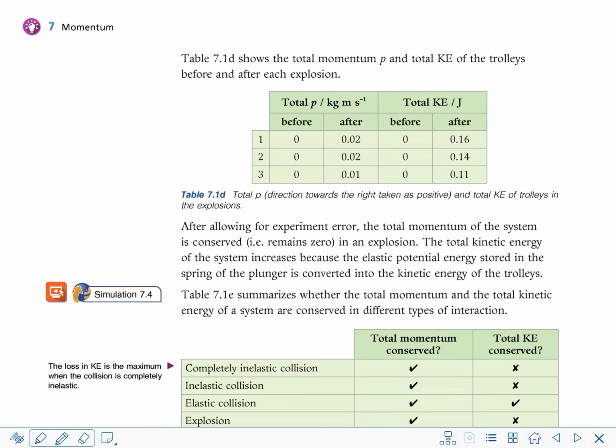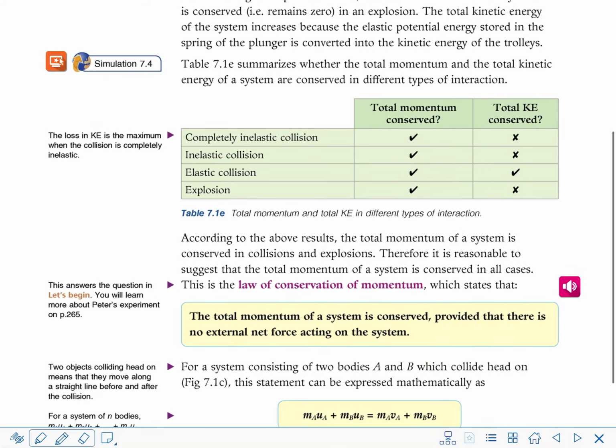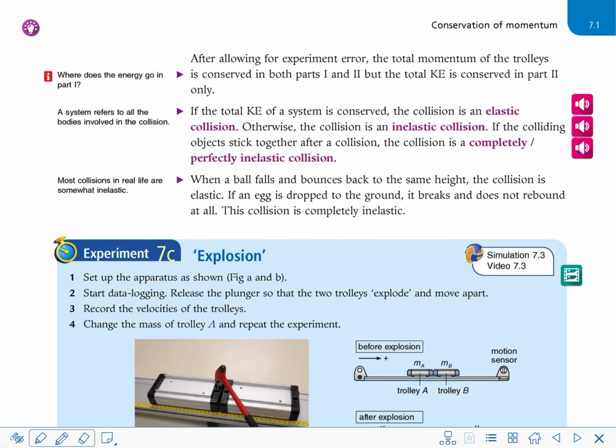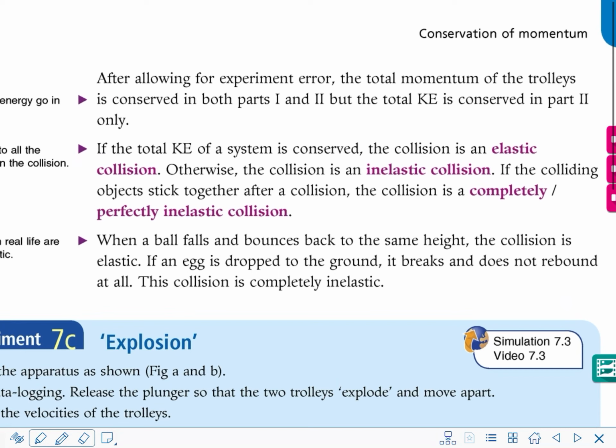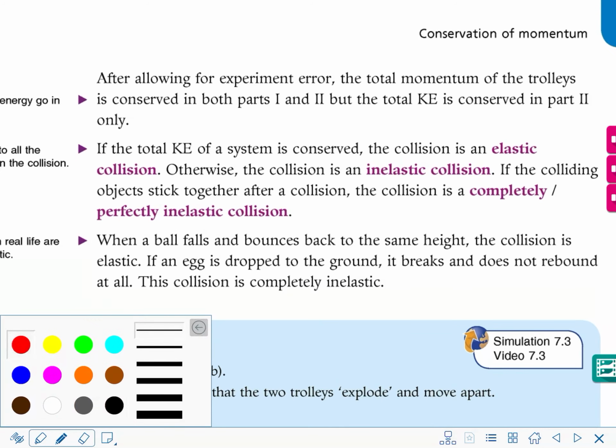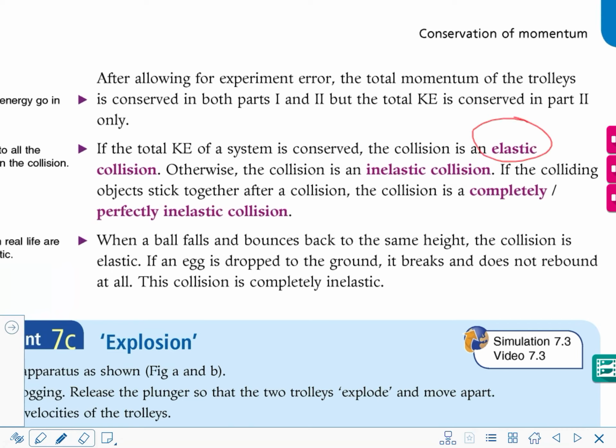For chapter 7.1, apart from conservation of momentum, we have to study one more thing, which is very important. We have to distinguish elastic collision or inelastic collision.